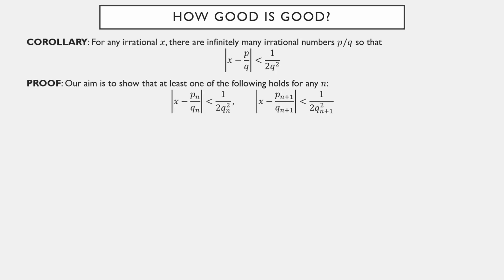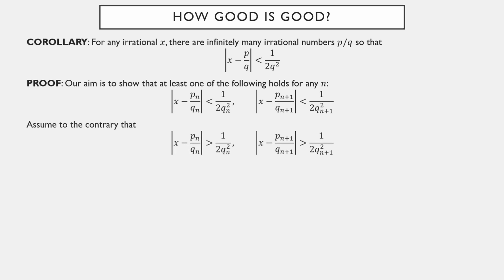So let's suppose that we have an irrational x, and our aim is to show that out of two consecutive convergents, Pn over Qn and Pn plus 1 over Qn plus 1, at least one of them satisfies that the distance from x to the convergent isn't just less than 1 over the denominator squared, but 1 over 2 times the denominator squared. We want to show that one of these holds. If out of any two consecutive convergents, at least one of them satisfies this inequality, then for any irrational x, it will be satisfied infinitely many times.